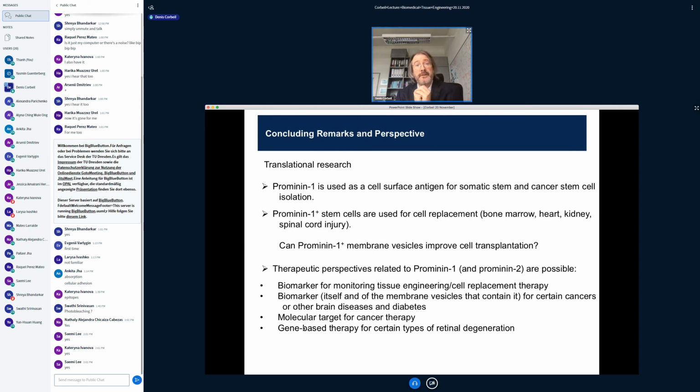We need to be careful, but it can eventually be used in combination with other markers. And it can maybe be used for gene therapy as well. I did not mention anything today. I will do so in 2 weeks with retinal degeneration, where you have mutations in prominin, which can cause a retinal disease. And we can go more in that direction.